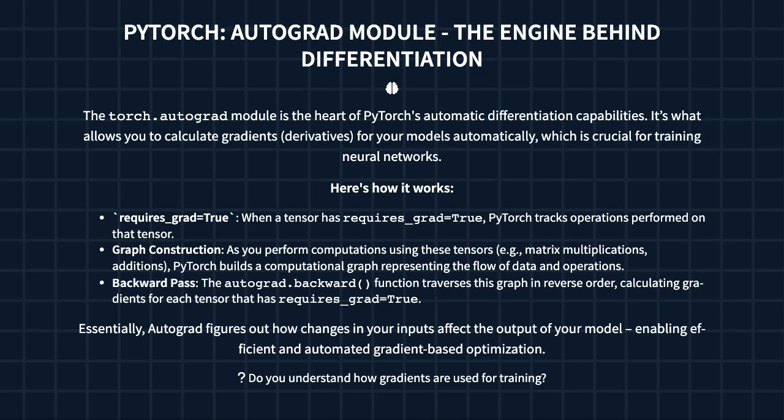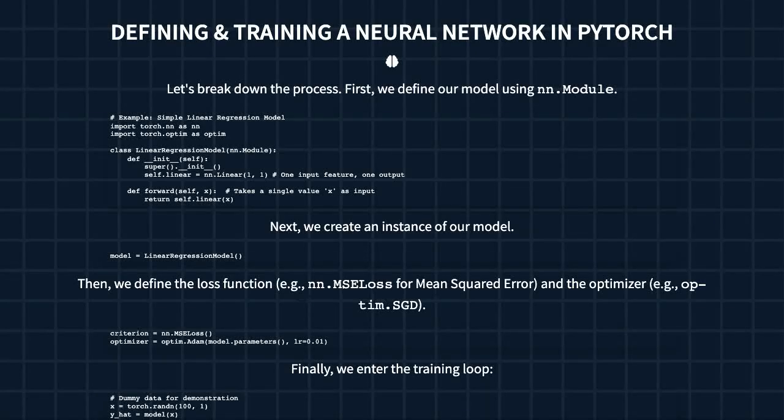by hand. Okay, so when it comes to building a neural network in PyTorch, we start by defining our model. We do this using an nn.Module, which is like a blueprint for our network. It's essentially a class that inherits from this base class and contains the layers of your network. We create an instance of this class, specifying the architecture, things like how many neurons are in each layer.